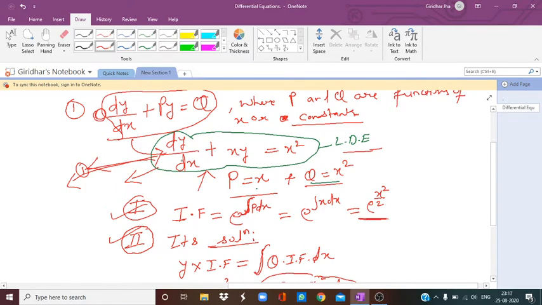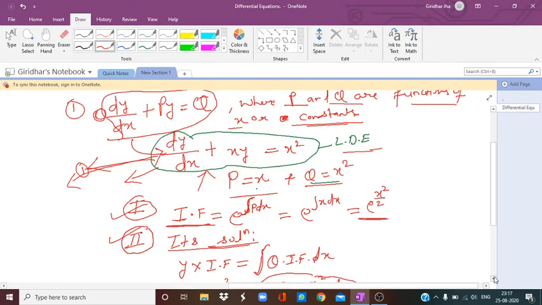So the first form is dy by dx plus py equals q, where p and q are functions of x, or you can say constants. First we have to get the integrating factor, fine, and then its solution: y into integrating factor equals integral of q into integrating factor and into dx.